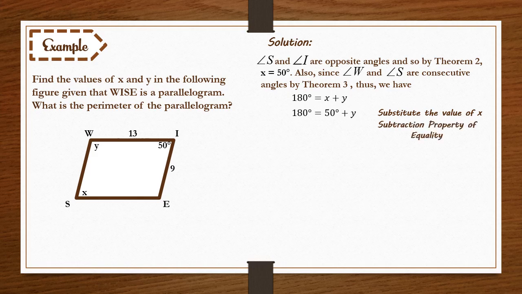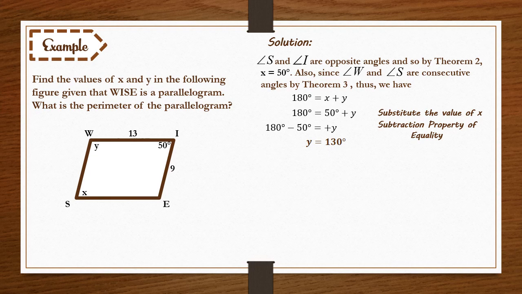By subtraction property of equality, we have 180 degrees minus 50 degrees is equal to y. For simplification, we have y is equal to 130 degrees, meaning the measure of y or the measure of angle W is equal to 130 degrees.